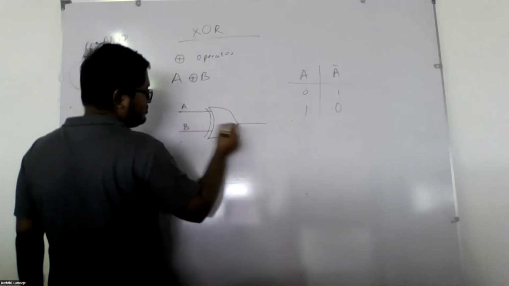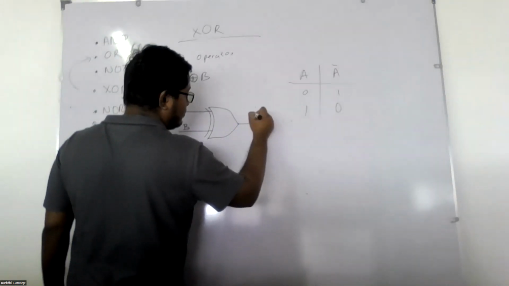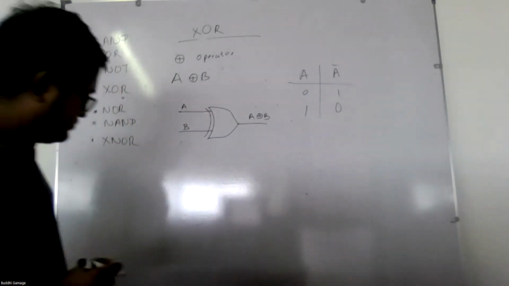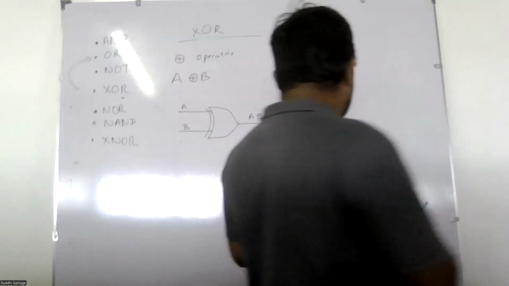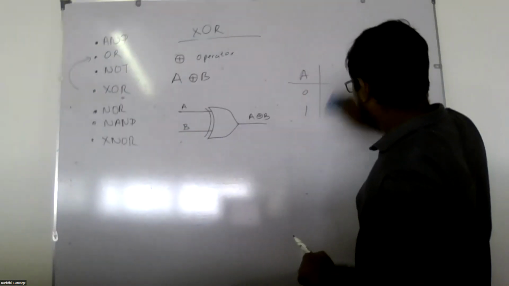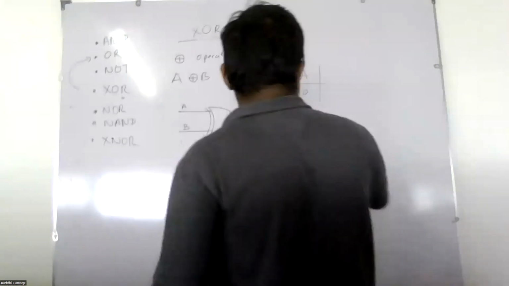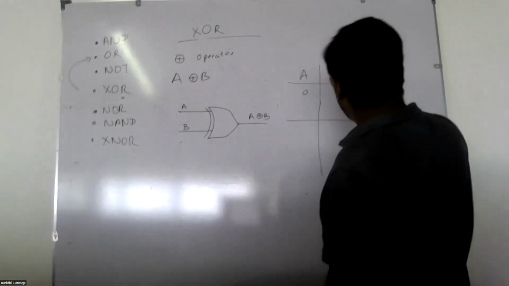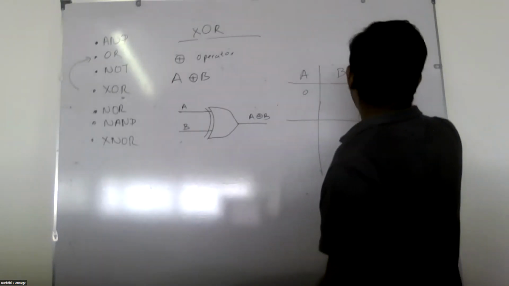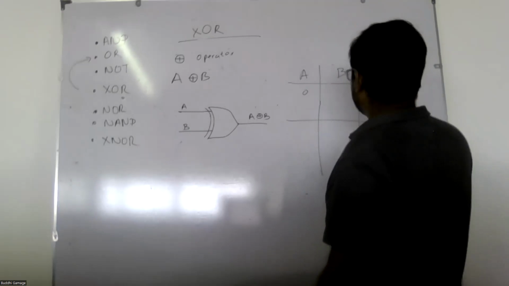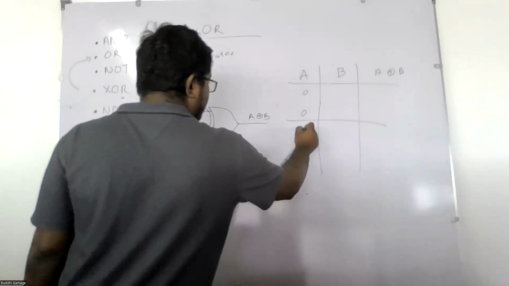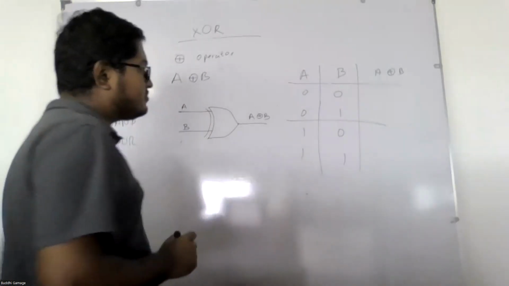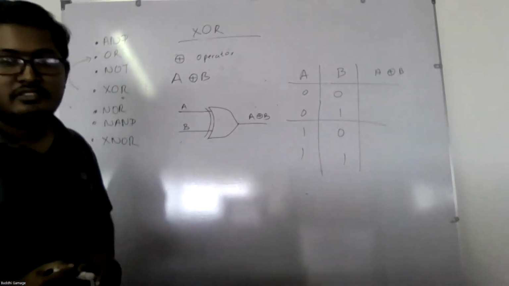A B, this is A XOR B, right? Here we go: 1 0 1 0 1. So what is the logic in the XOR gate? Anyone?